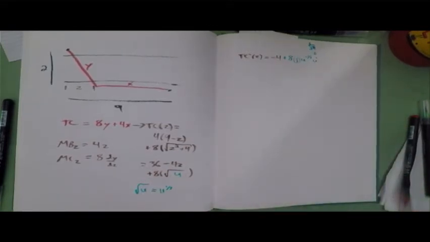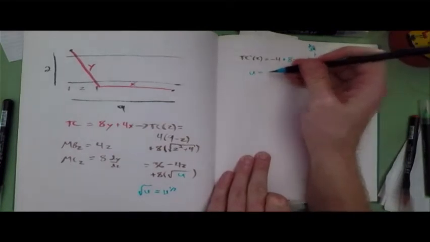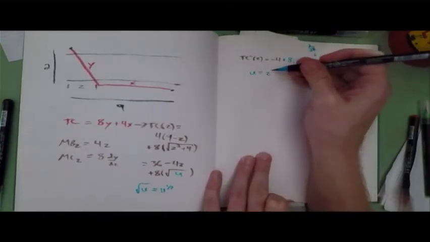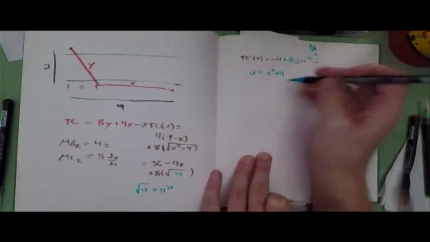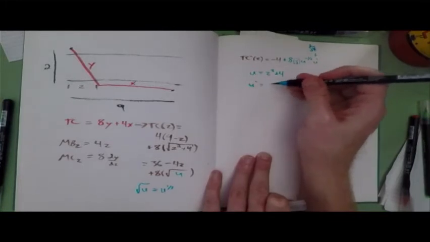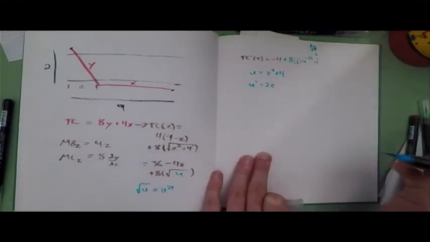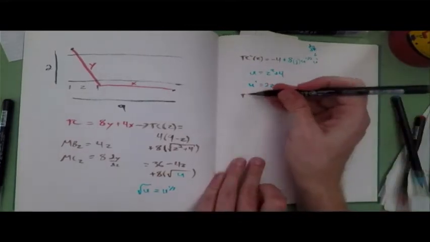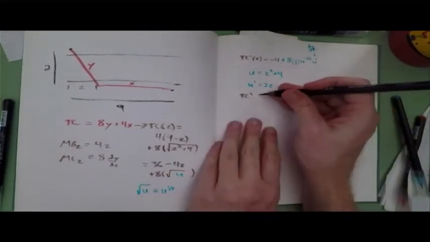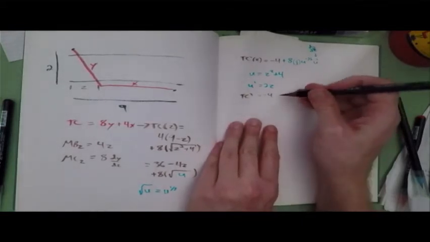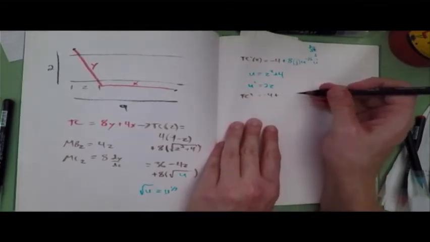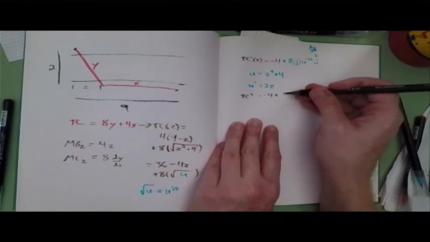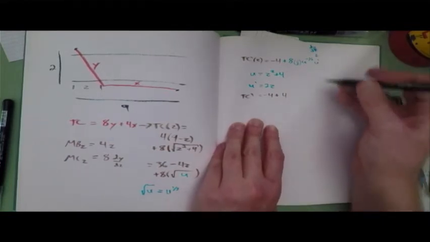Let's go ahead and find what u prime is. Well, let's write out u equals z squared plus 4. So u prime just equals 2z. So going back to tc prime, what have we got? We've got minus 4 plus 8 times 1/2, that's just 4. I'm going to simplify as we go.